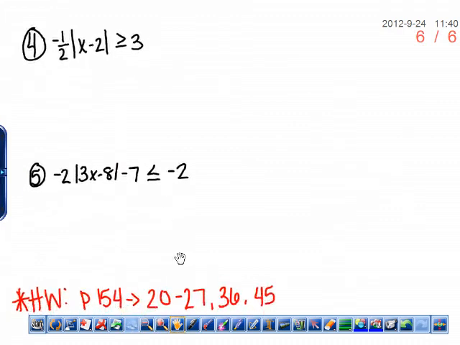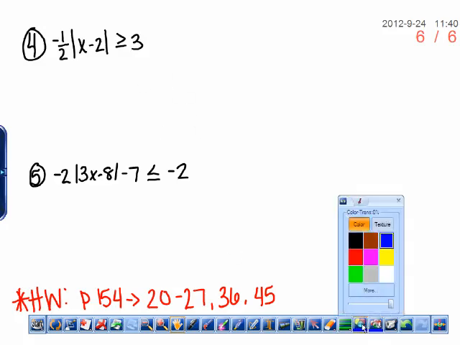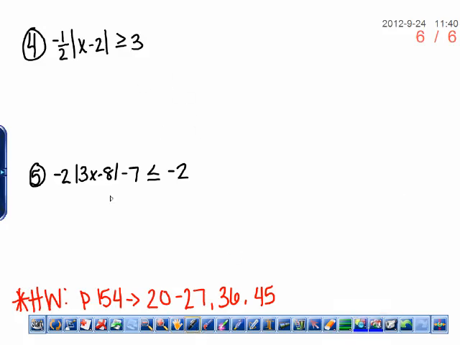Number 4, -1/2 times the absolute value of x minus 2 is greater than or equal to 3. Okay, tell me what we would do first. Times 2, what kind of 2? Negative. So when I do that, what happens to my sign?